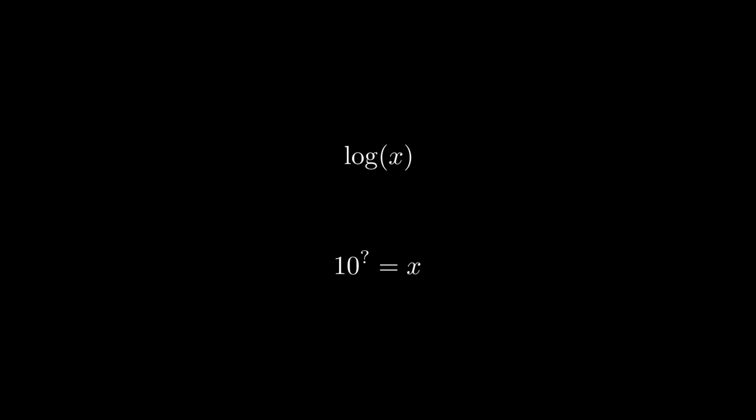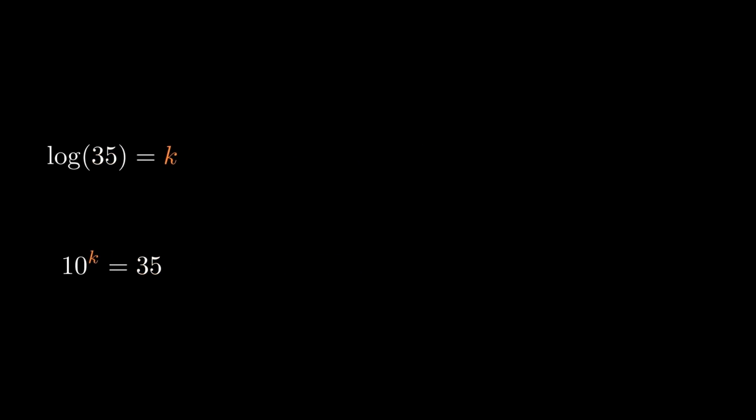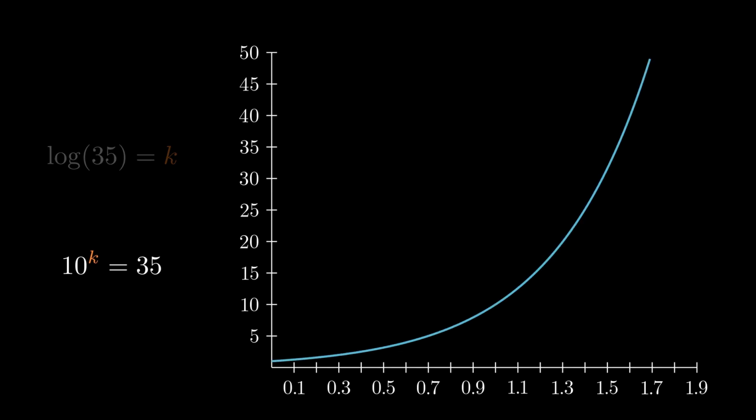Basically, log of x is the same thing as asking 10 to the power of what equals x. So we're essentially asking ourselves 10 to the power of what is equal to the number we put in the logarithm. Which means you don't have to count zeros, you can put 35 into the logarithm and it will be a number too.